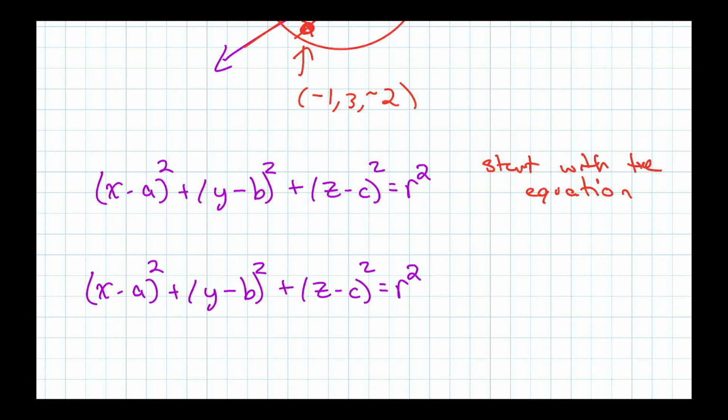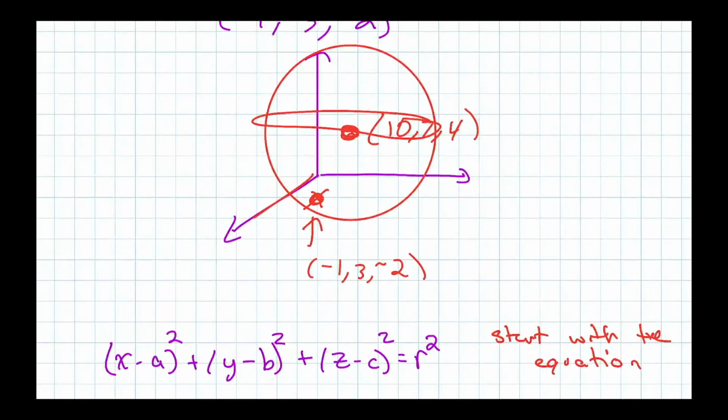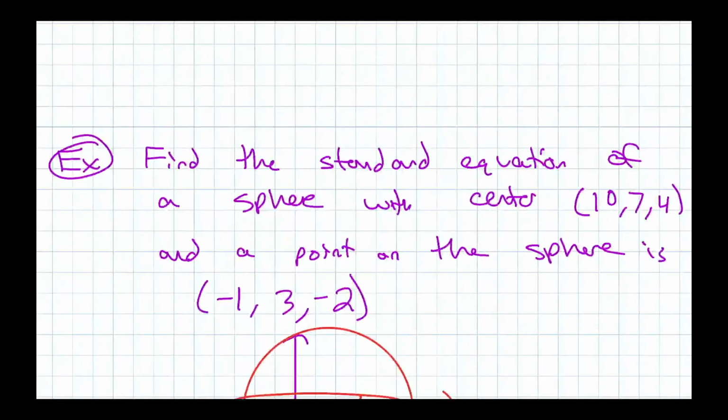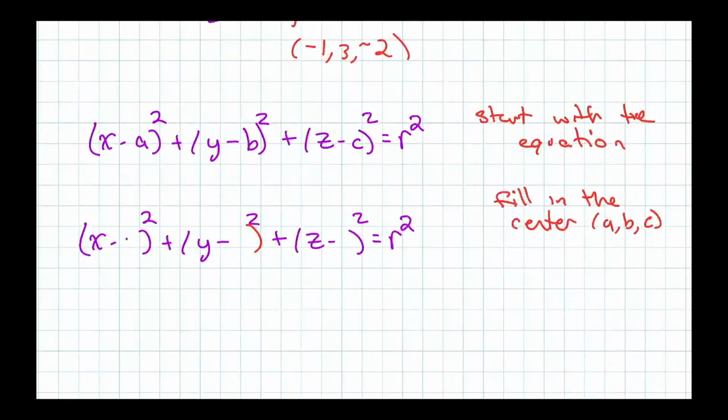We're going to erase the A, the B, the C, and fill those numbers in. What are the numbers for the center? 10, 7, 4. So far, so good, right?